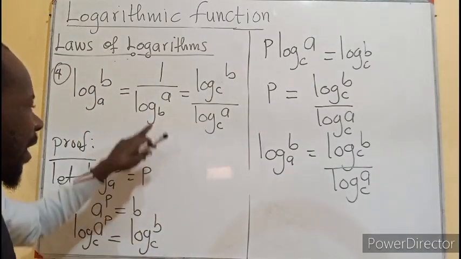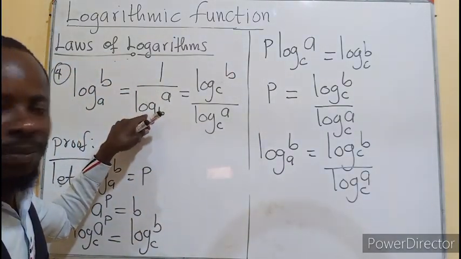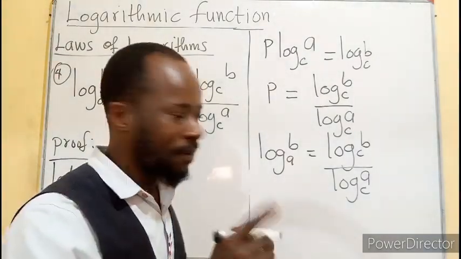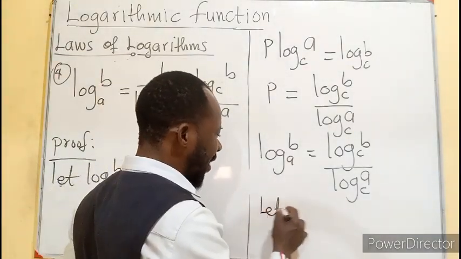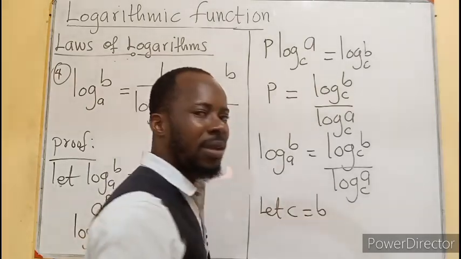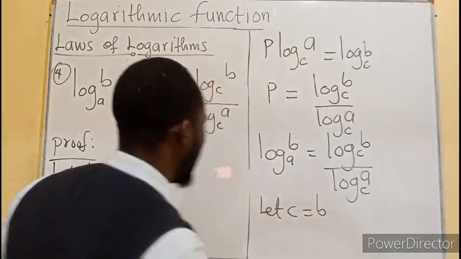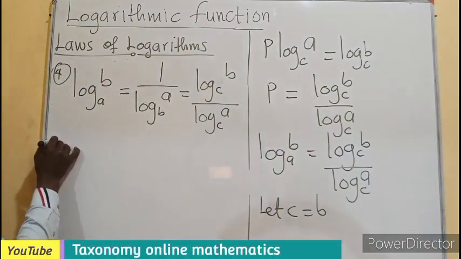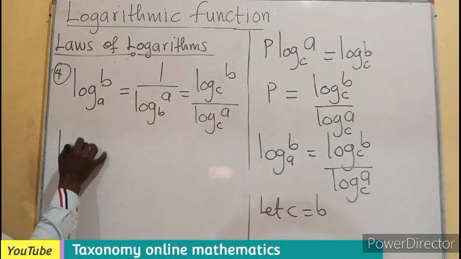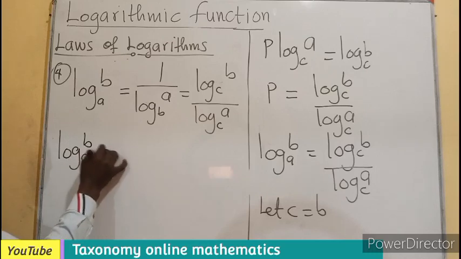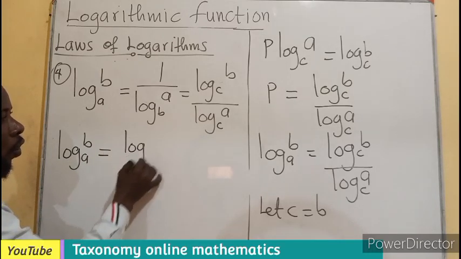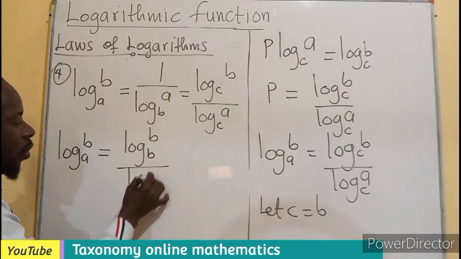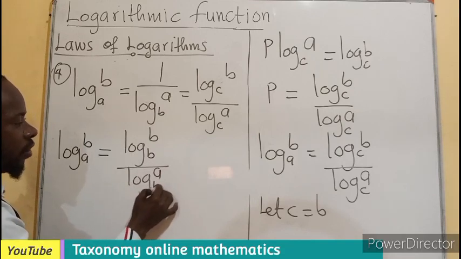But you'll be asking, why are we not proving the middle one? We can prove the middle one if we let c equal b. If c equals b, then our left hand side, the log b base a, equals log b base b over log a base b.